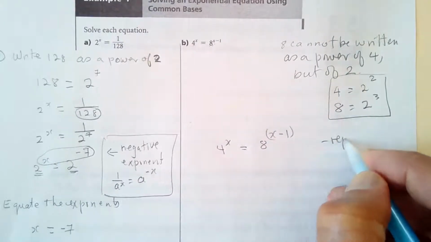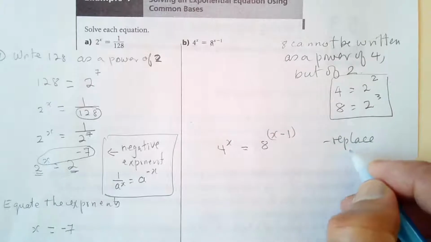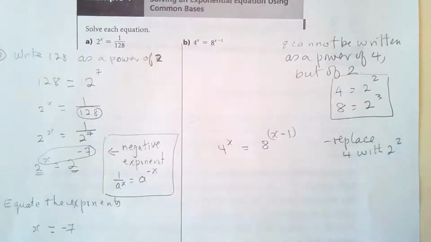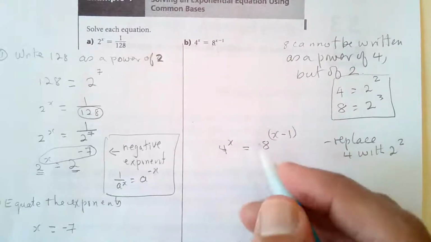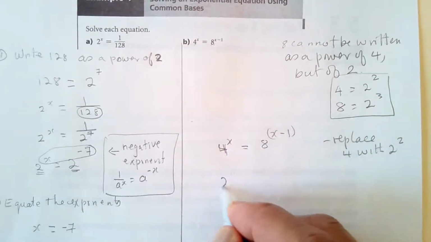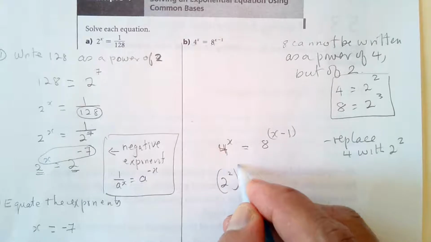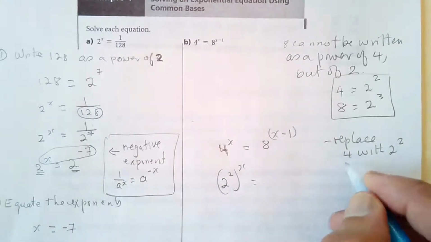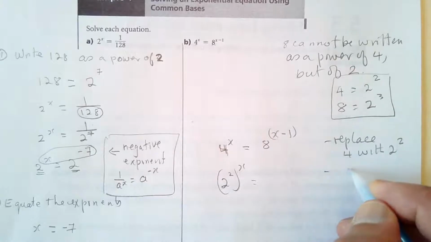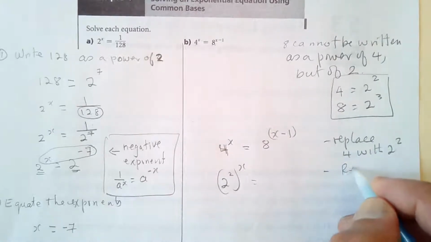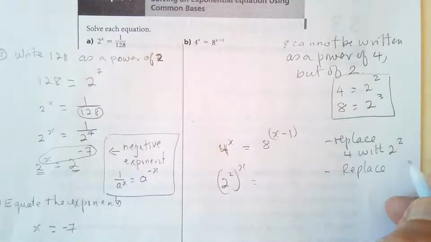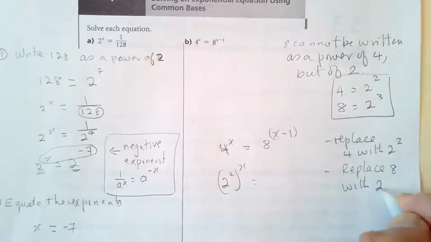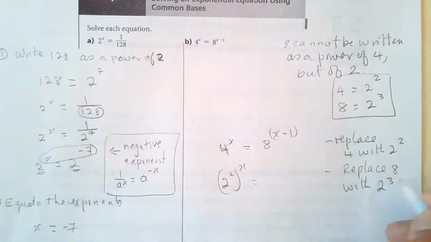So replace 4 with 2 to the power 2, put my bracket to keep it nice and compact, and replace 8 with 2 to the power 3.